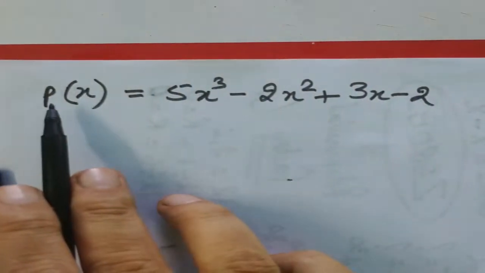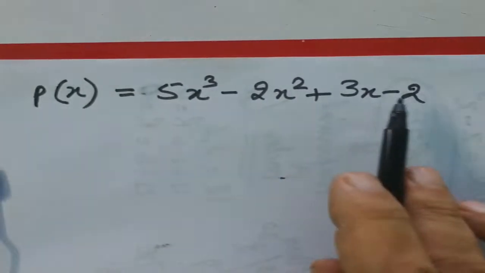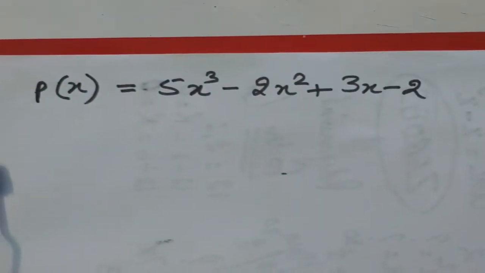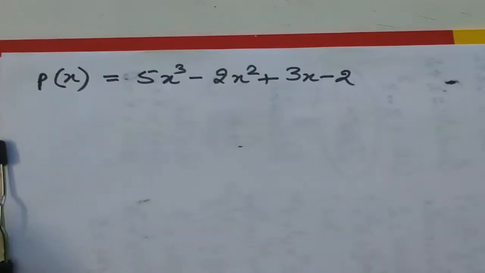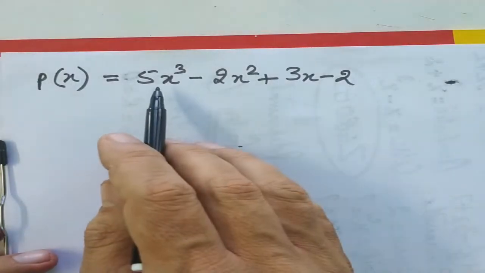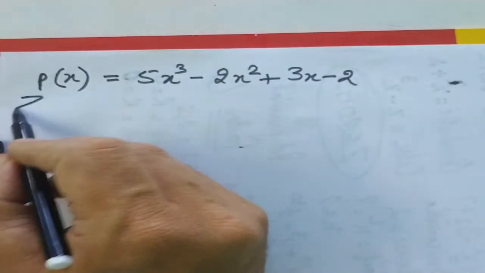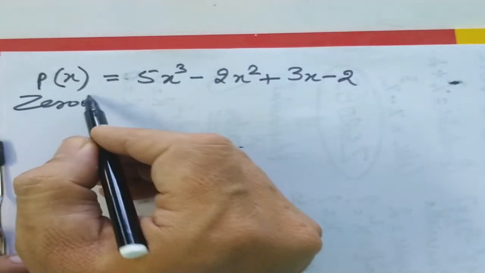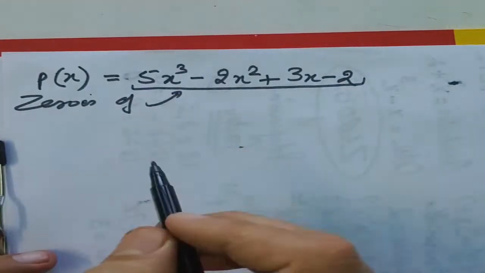P is the polynomial, and x is the number whose zero you have to find. So you have to find which number makes the value of this expression 0, how many numbers are zeros of this whole expression.